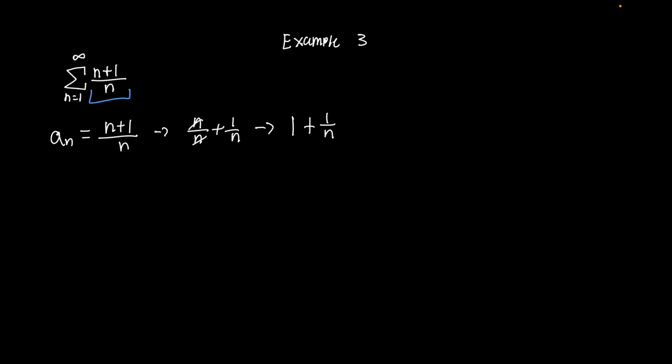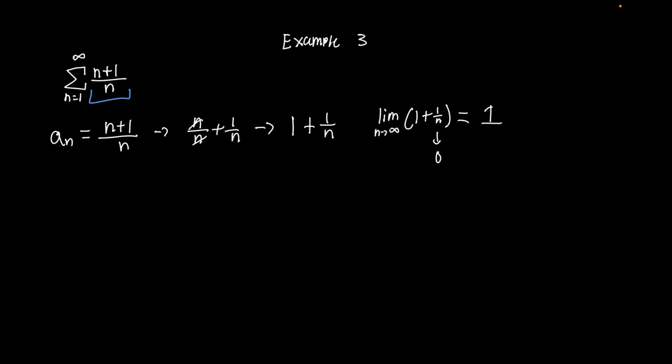Right? Now we take the limit. So the limit as n approaches infinity of 1 plus 1 over n is equal to, well, what is 1 divided by infinity? A small number divided by a huge number is just 0. So that's going to leave us with 1 plus 0, and 1 plus 0 is just 1.